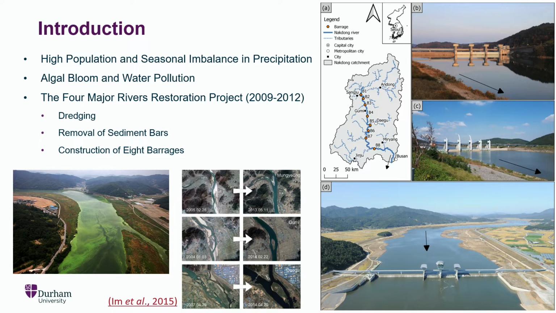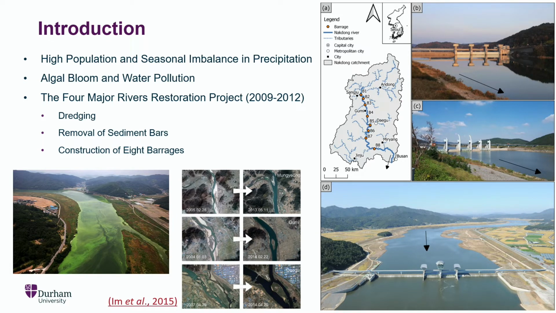The study area, the Nakdong River, is located in the southeastern part of South Korea. This river has eight barrages from upstream to downstream, labeled B1 to B8. Here is a picture of a barrage; they have been controlling river flow since 2012.